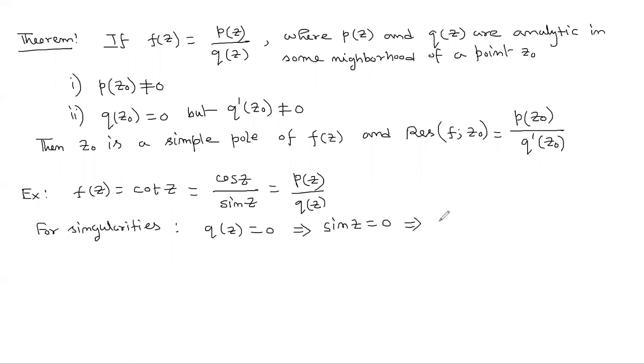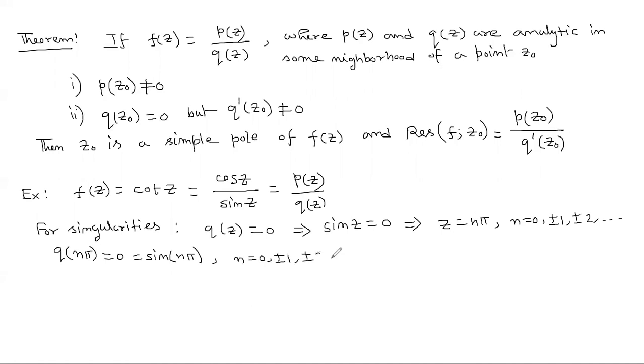So from here, we are getting z equal to n pi, for n equal to 0, plus minus 1, plus minus 2, etc. These are the singularities of the function f of z. So q of n pi is always 0, that is equal to sin n pi, for n equal to 0, plus minus 1, plus minus 2, etc.